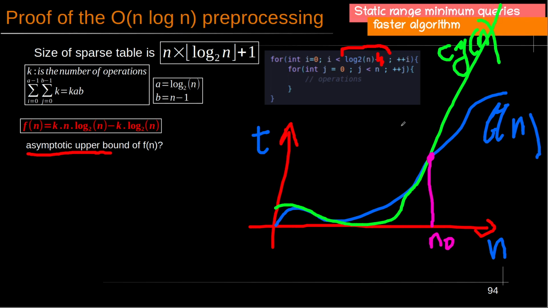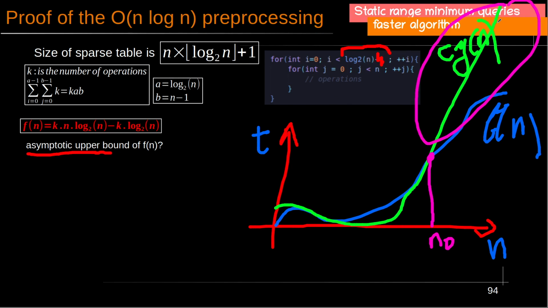We call this the asymptotic upper bound over fn. So we have to find the asymptotic upper bound of fn.